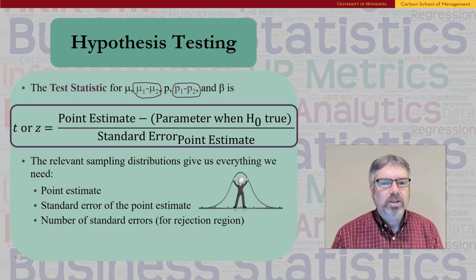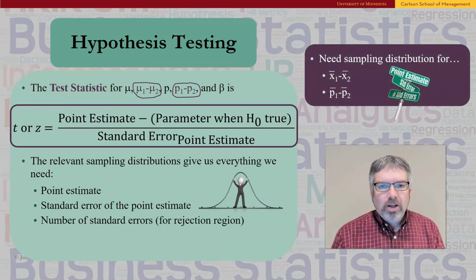If we know those sampling distributions, we have everything we need to conduct the hypothesis test. So again, we need the sampling distribution for these two important sample statistics, and let's look at that quickly next.